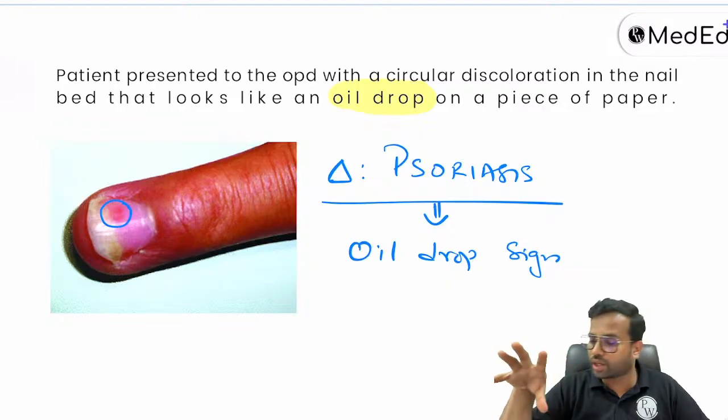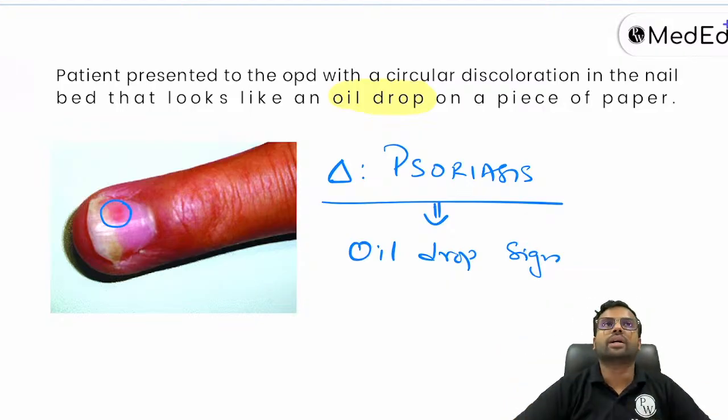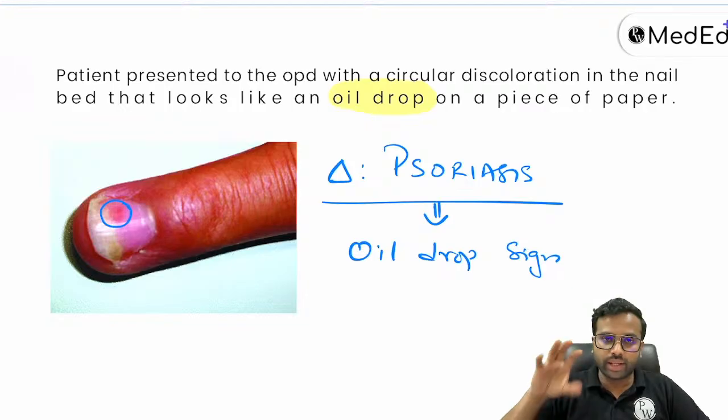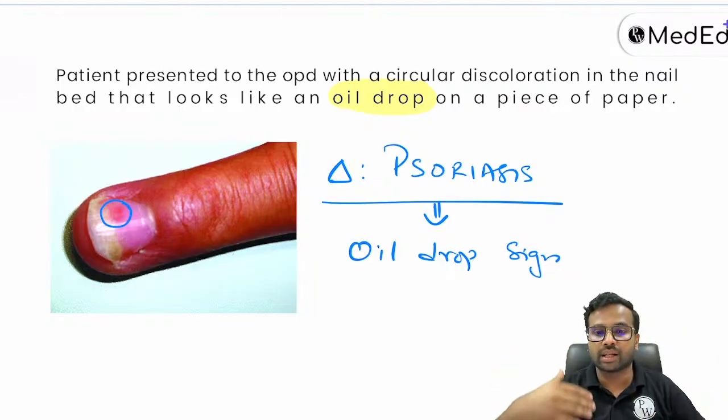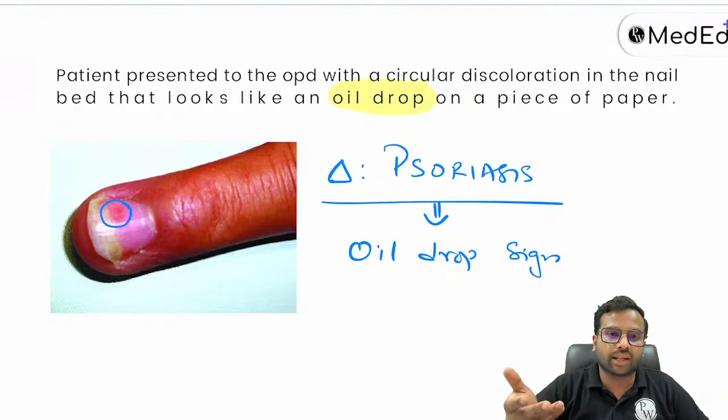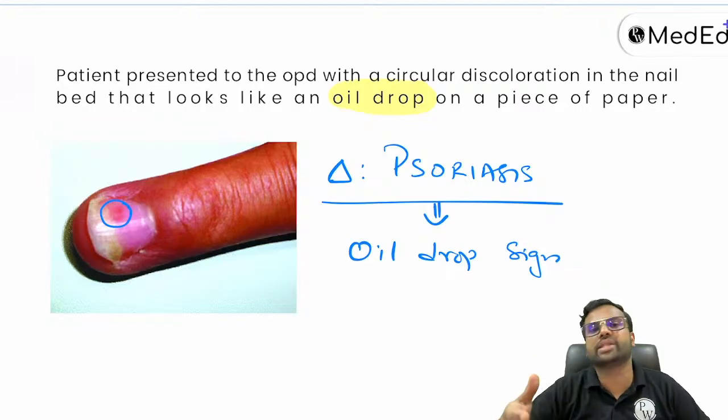Now, erythroderma, what is erythroderma? Erythroderma is not found in the nails, it is in the skin. The meaning is when 90% of our skin turns red in color, it is called erythroderma. Erythroderma can be seen in different diseases.